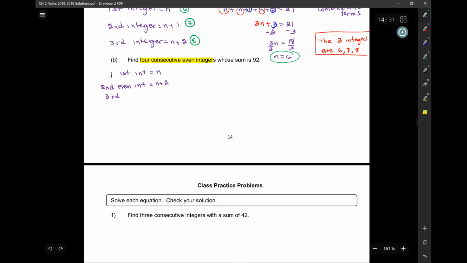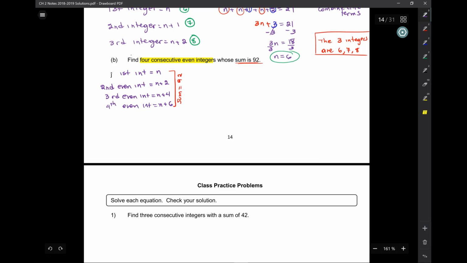The third even integer is n plus 4. And the fourth even integer, n plus 6. Good. Now, it tells us that their sum is 92.